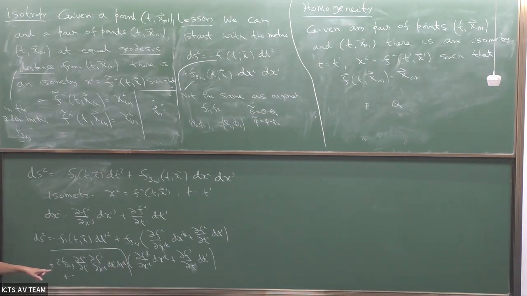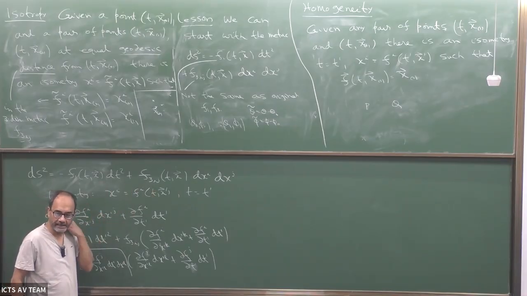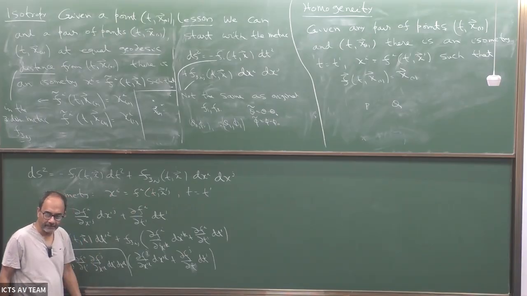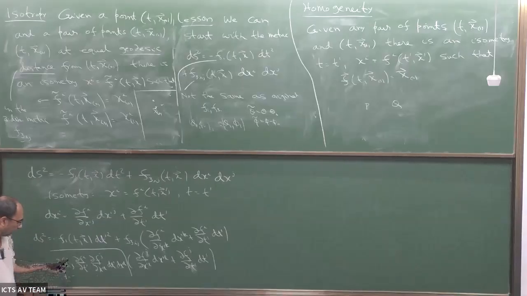But the metric is supposed to look the same. The original metric has no dt dx term; g_ti was 0. So it better be that g prime ti is 0. But this says that g prime ti is not 0 unless ∂f^i/∂t prime is set equal to 0.